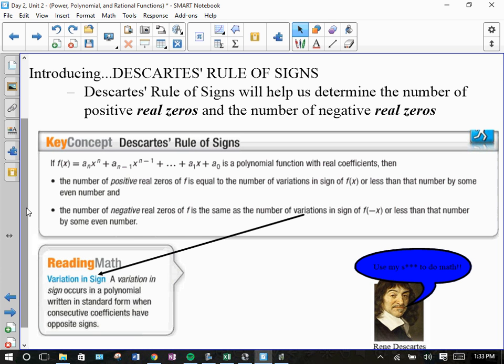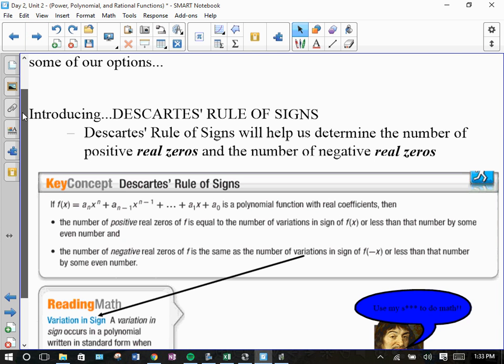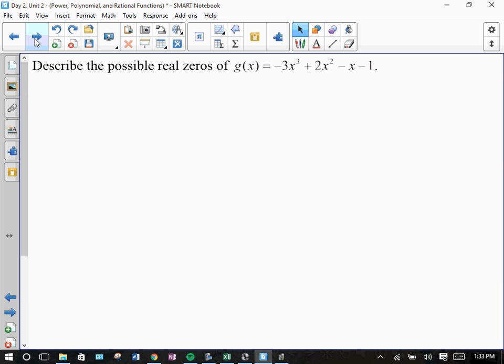Alright? So describe the possible real zeros of g of x equals negative 3x cubed plus 2x squared minus x minus 1. Alright? So there's two steps to this.